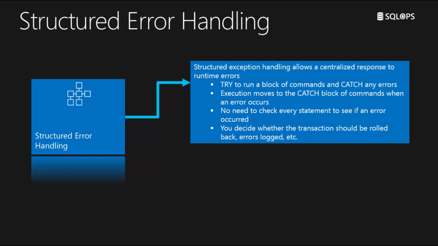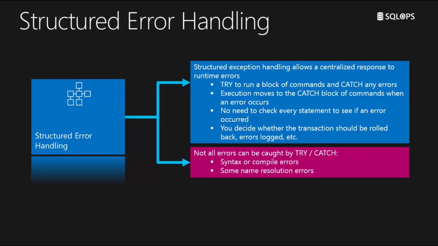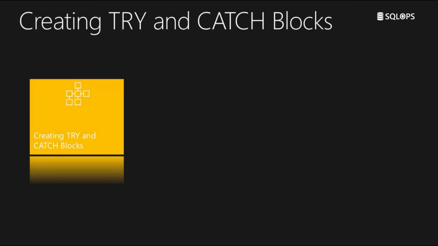And the begin catch statement must immediately follow the end try statement. The catch block executes code that can inspect the error, manage transactions, and return information about the error to the client. It is important to note that structured exception handling operates on errors during runtime only. Syntax and compilation errors that prevent a batch from starting cannot be handled by a try-catch block at the same level.